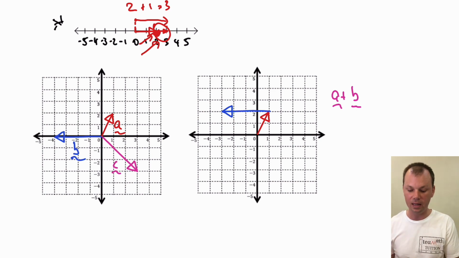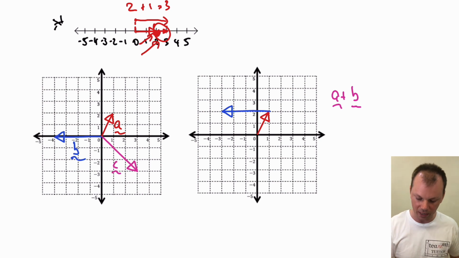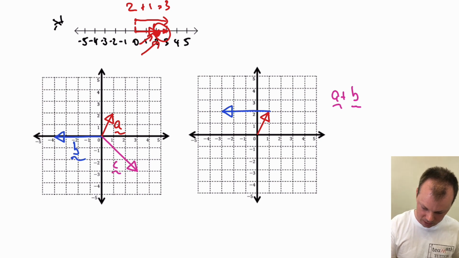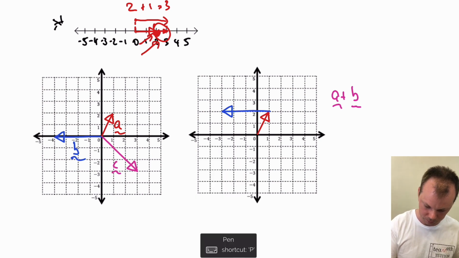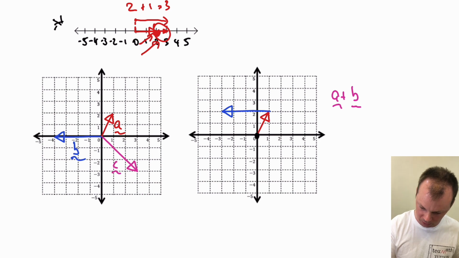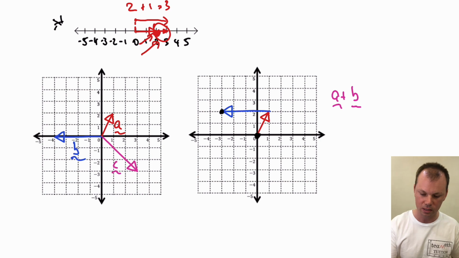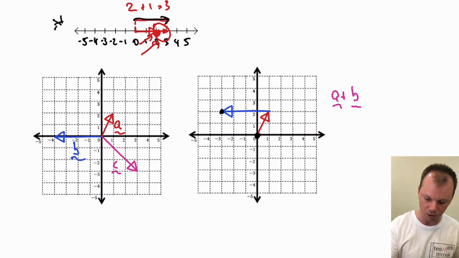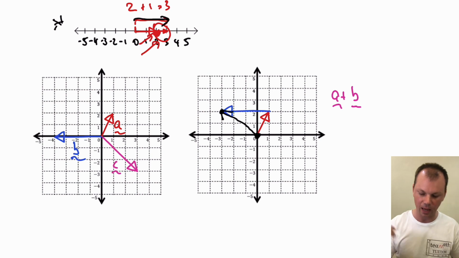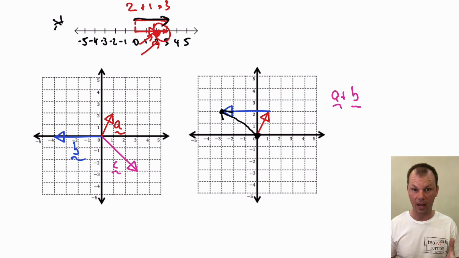Now if we want to add these things together, we're measuring from the start of the vector complex until the end of the vector complex. So just like we did up here where we drew an arrow, we just draw an arrow from the start to the end, and that is our end vector.